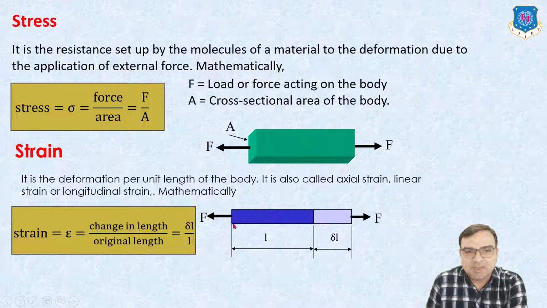So when we apply the load on the rod, the force is tensile. By applying the tensile force, the length of the rod is increased by delta L. This change in length by original length is known as strain.